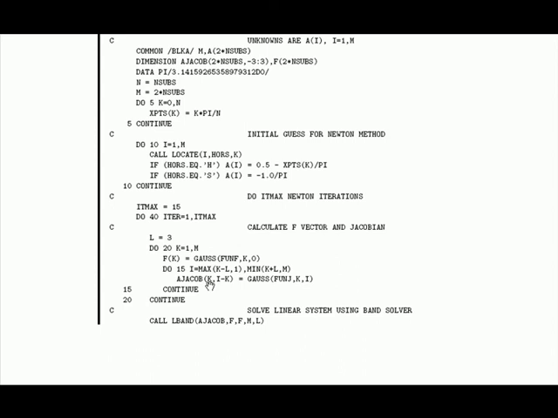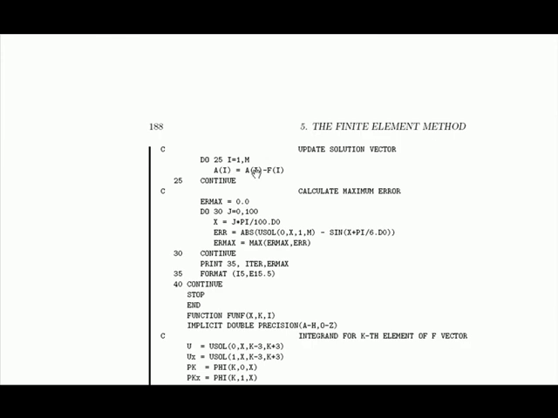This is basically A of k comma i stored in band form, and we call Gauss again to integrate FUNJ, which was the integrand for the element partial of Elf k with respect to ai in the Jacobian. Then we call our band solver to solve that linear system that we have to do every step of Newton's method, and we subtract the solution. This is your delta, that's the solution of Jacobian times delta equal to Elf from A, and get the new solution.